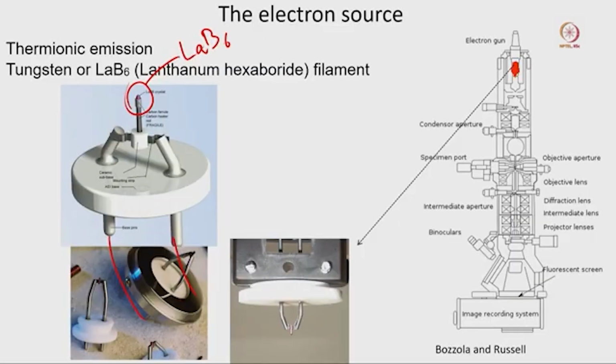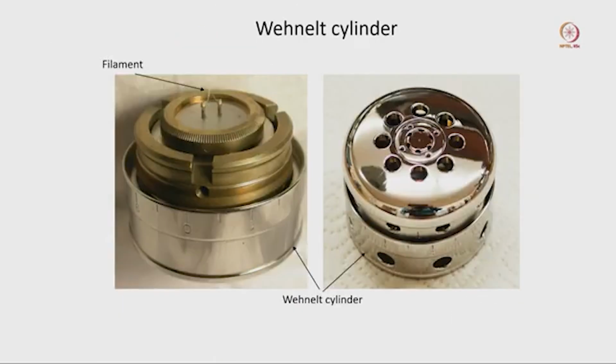There are a couple of images. Here I am showing you a filament that I already showed from the book, and this is a real picture where you can see the thermionic emission filament. This is the top part of that filament.